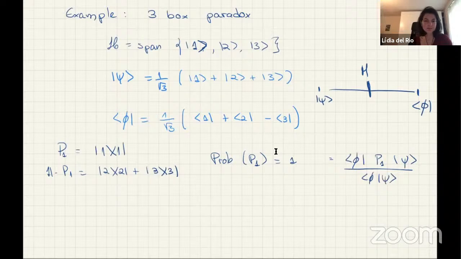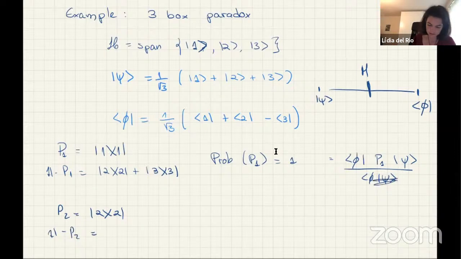So this is 1, but it turns out the probability of, if we had instead looked, is it in state 2, is it in the second box, then the probability would also be 1. Okay, so I'm missing something here.